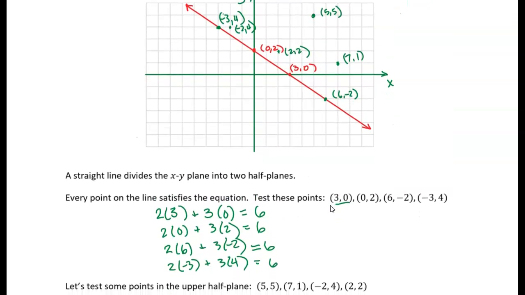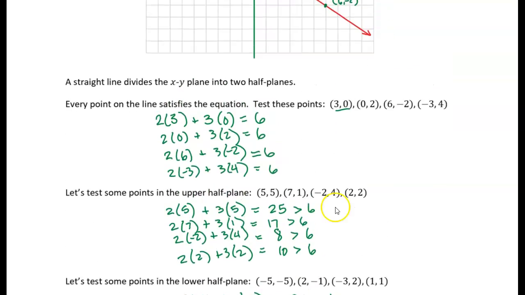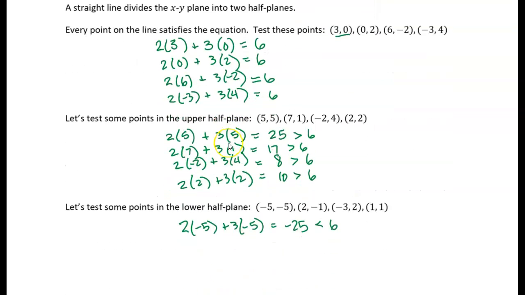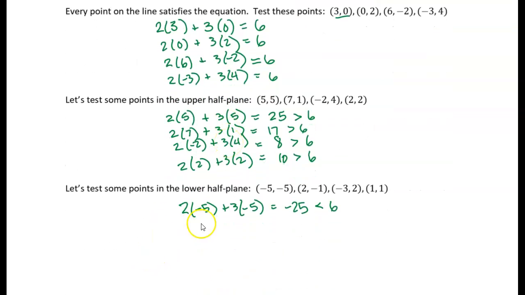Let's see where that point is. Negative 5, negative 5. Assuming each one of these is 1, negative 5 is down here. Negative 5 comma negative 5. And we can test any of these points. 2 times 2 plus 3 times negative 1 gives me what?